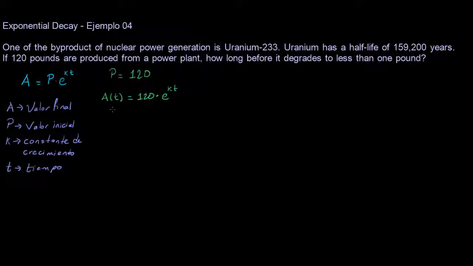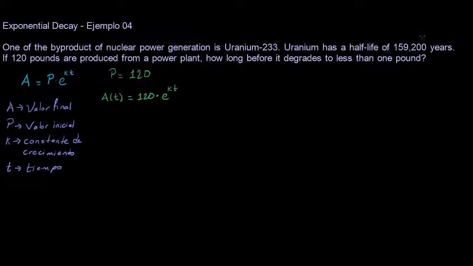We will not be able to find what was requested, the amount of time required to get less than 1 pound, because we would still have k as an unknown variable. So this information, the half-life of 159,200 years, is actually what we need to find k.